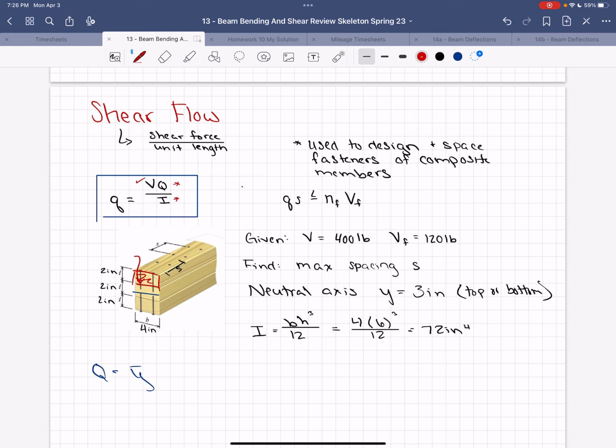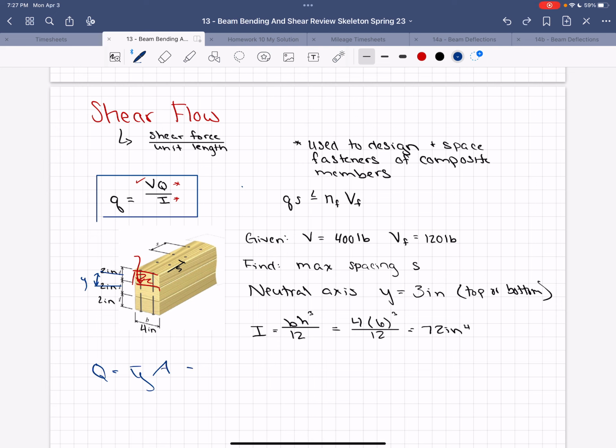This is our area. So our y bar is going to be the distance between the neutral axis of the whole thing at 3 and the neutral axis of that top area. So y bar times the area.